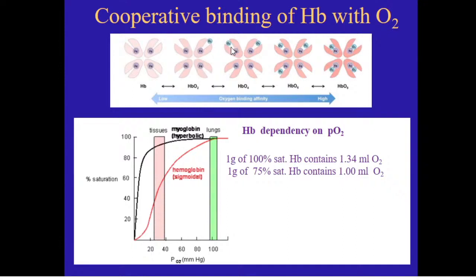And this process will continue after interaction with the second, then third, and finally 4 molecules of oxygen can interact with hemoglobin. To understand this cooperative effect, look please at the curve of saturation of myoglobin and hemoglobin in dependence on the partial pressure of oxygen.